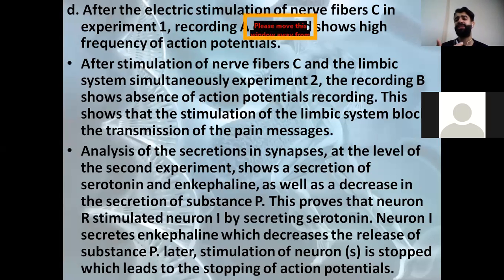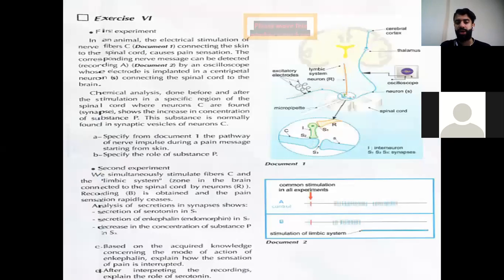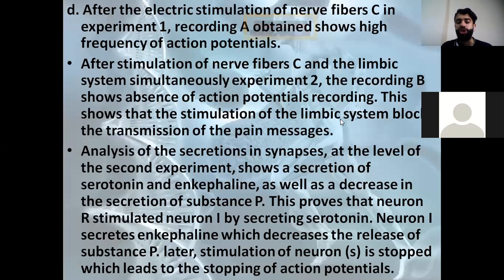However, analysis of the secretion in synapses shows we have secretion of serotonin and enkephalin, as well as a decrease in the secretion of the substance P, which is responsible for the pain message. This proved that the neuron R, this one, the neuron R, what does it do? Neuron R stimulated the neuron I, the interneuron, by secreting serotonin.